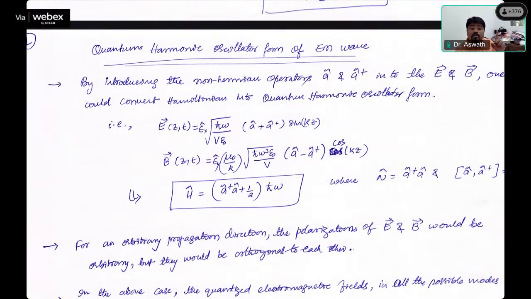And now if you introduce the non-Hermitian operators A and A dagger, you see interestingly the electromagnetic field is also having a Hamiltonian, just like the electron's Hamiltonian, a quantum particle's Hamiltonian. No difference, everything is the same.